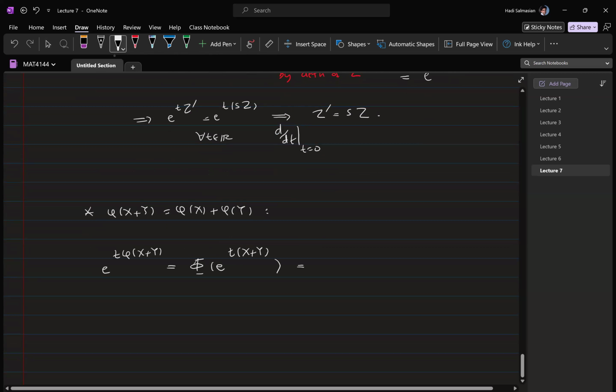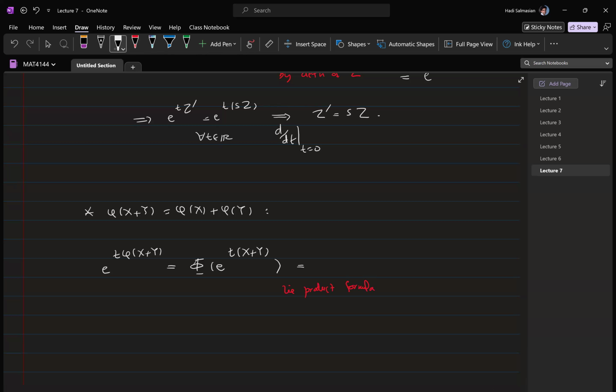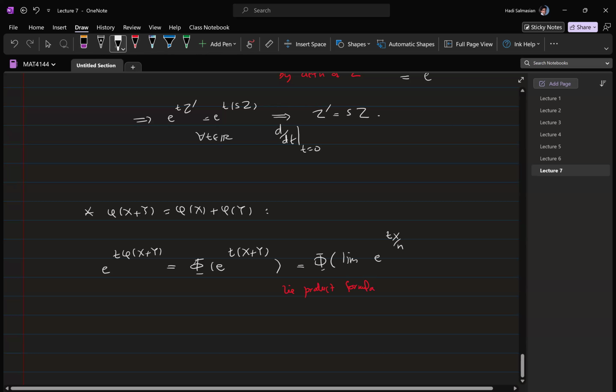So now I would like to use this Lie product formula for tx and ty. So then this will be phi of the limit of e to the tx over n, e to the ty over n, to the power n, as n goes to infinity.